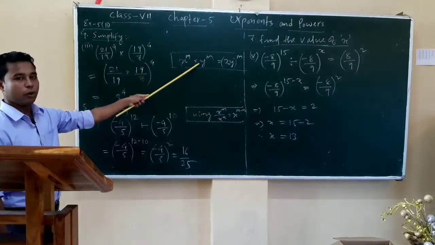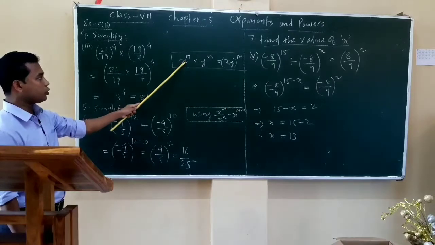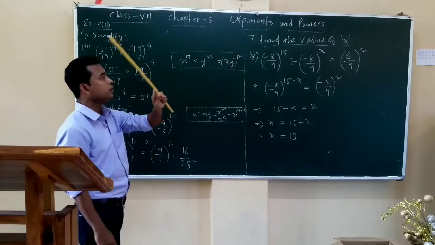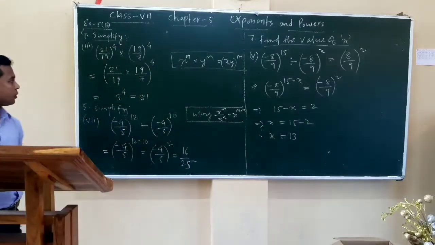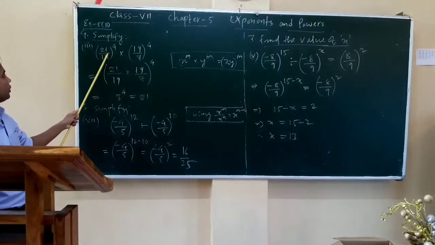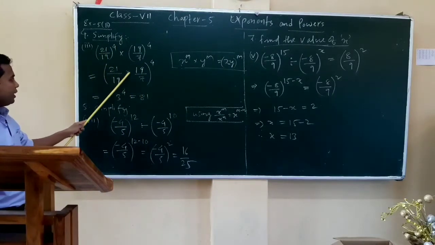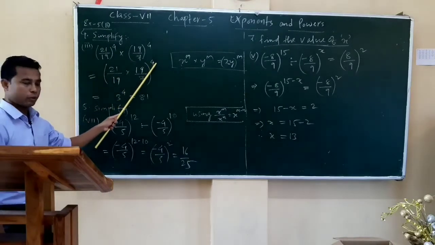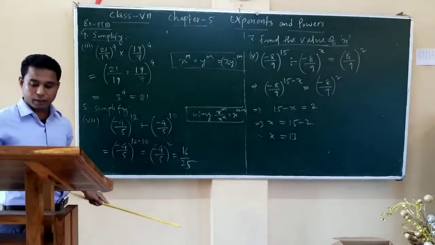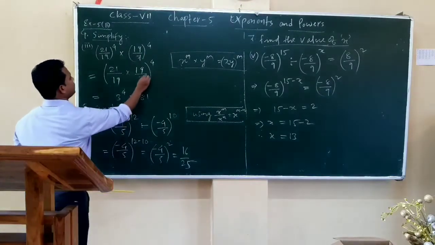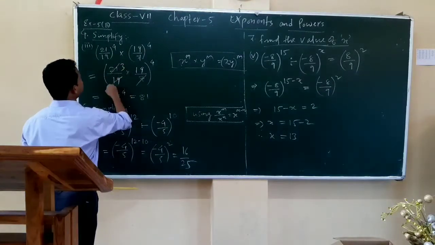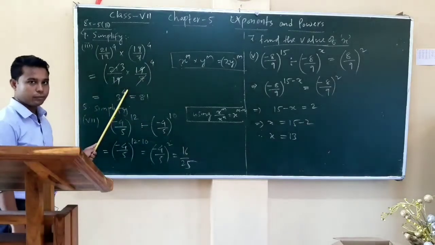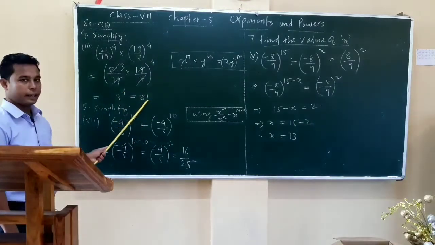So we can apply this law, x raised to the power m into y raised to the power m equal to xy raised to the power m. So 21 by 19 into 19 by 7, raised to the power 4. You can cancel it, so you get 3 raised to the power 4, and the value will be 81.